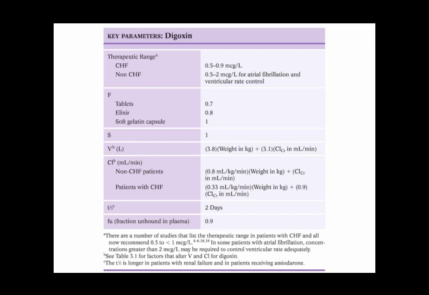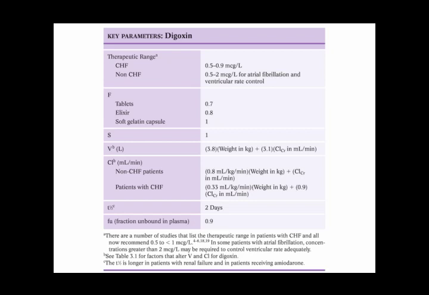If you recall, all anti-epilepsy agents are measured in milligram per liter. Lithium is measured in milliequivalent per liter. Higher level may be required for AFib to control the rate.